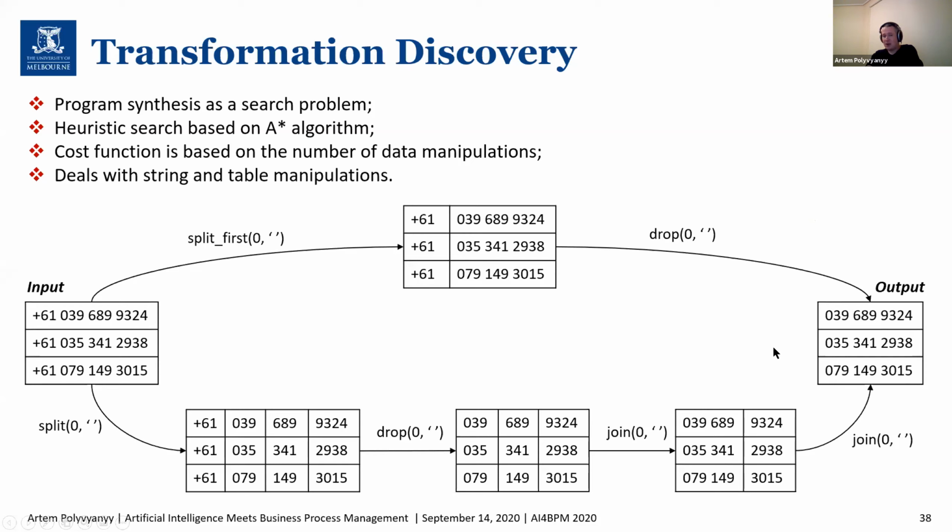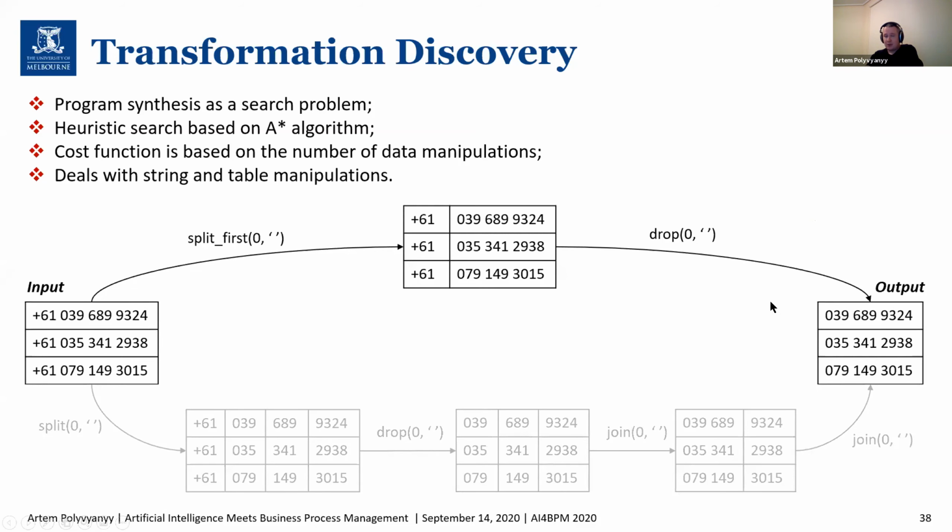So there are multiple ways. There is a kind of search happening here, and then we select the one that requires the least number of steps. That is the transformation that we then automate into a script.